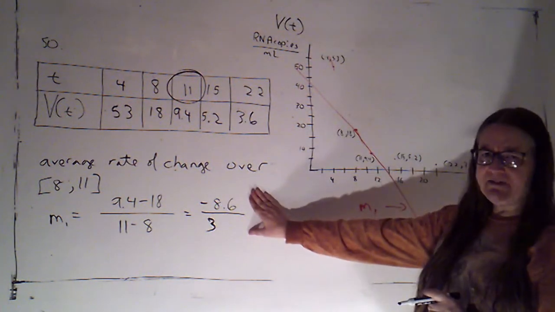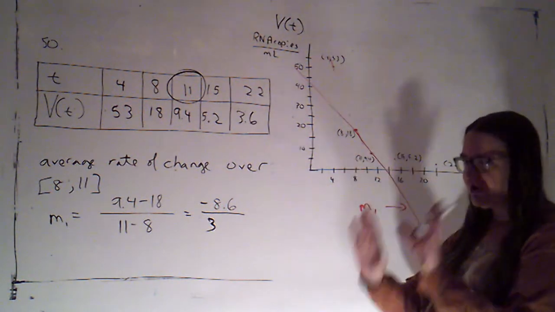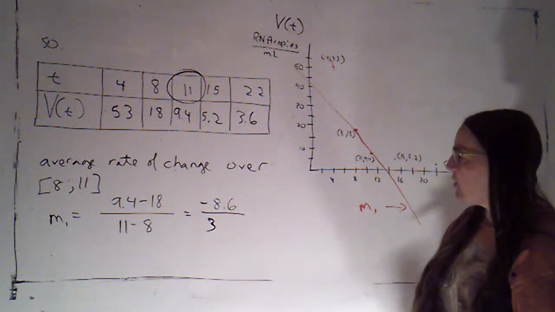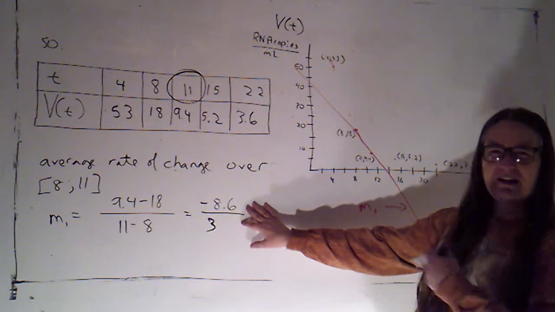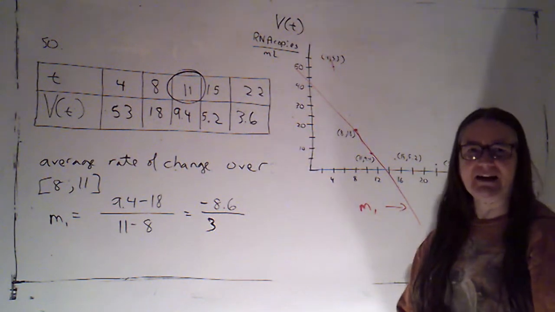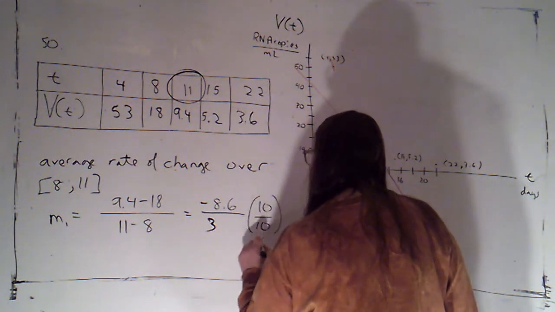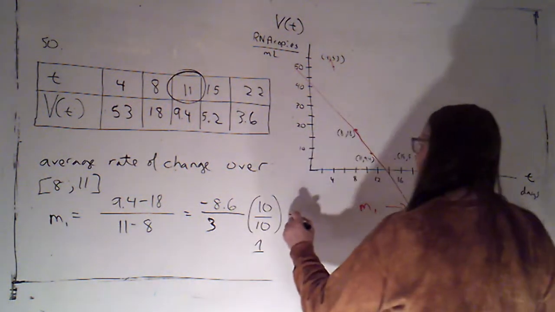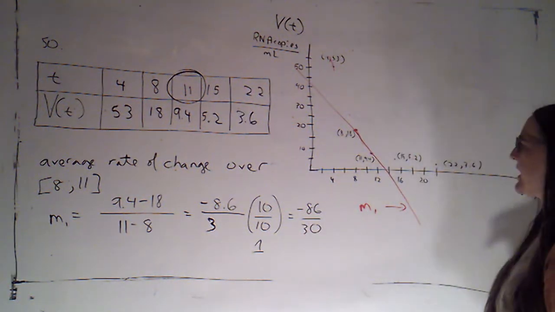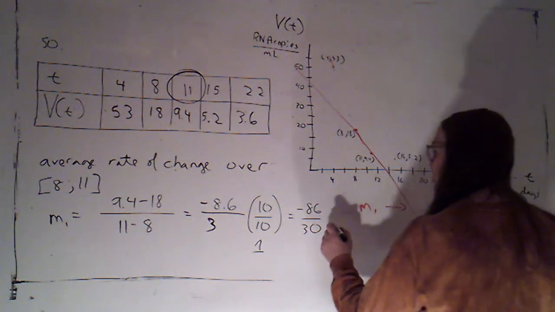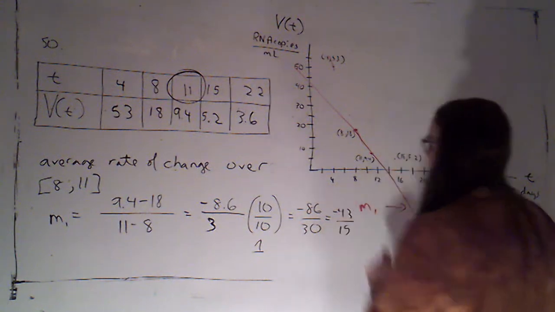Now, I never want to leave an answer like this where I'm mixing fractions and decimals. Either make it a fraction or a decimal. In this case, I don't want to convert to a decimal because I can see it's going to be an infinitely repeating one. 3 doesn't divide evenly into 8.6. So what I'm going to do is just multiply by 1 in the form of 10 tenths. That makes this negative 86 over 30. Now I can reduce that a little bit because 2 goes into both of those. So that's going to be negative 43 fifteenths.